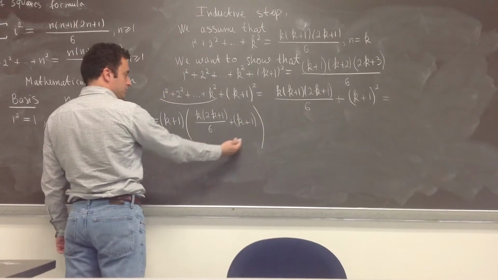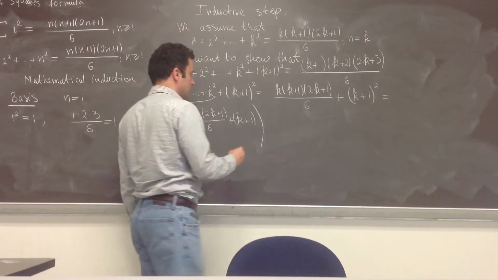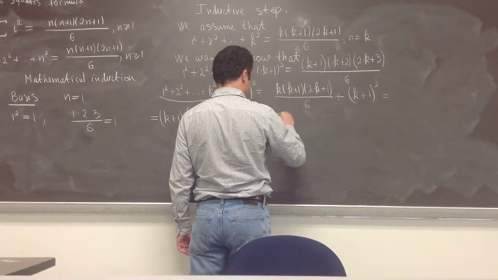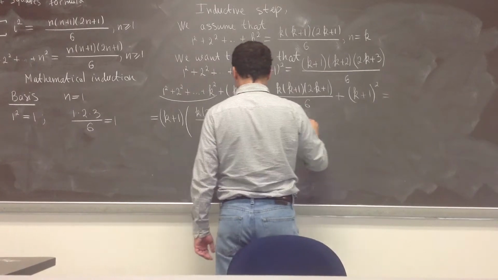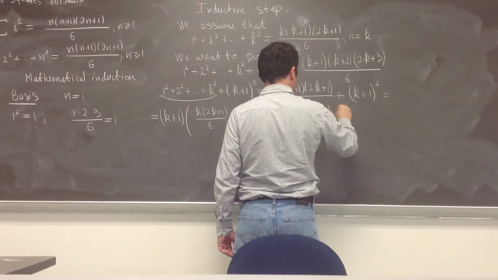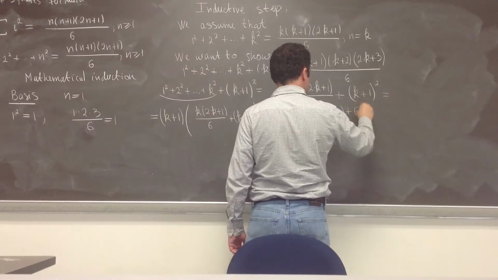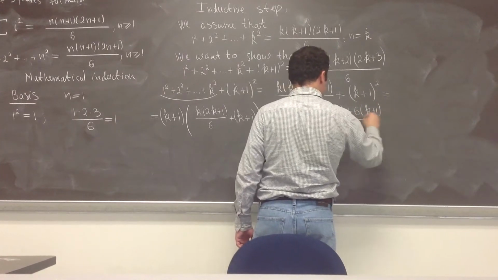Now we can add these two expressions. The common denominator is equal to 6. So this is equal to k plus 1 times k times 2k plus 1 plus 6 times k plus 1 over 6.